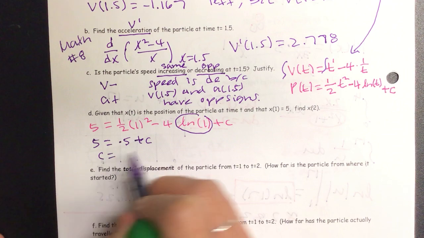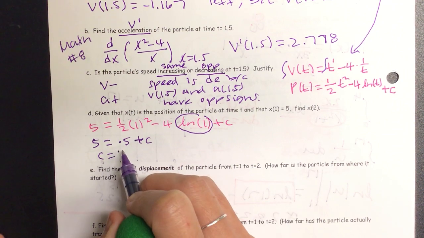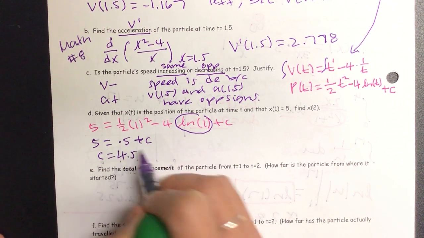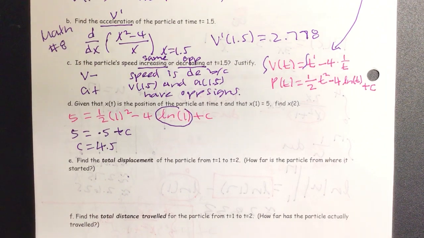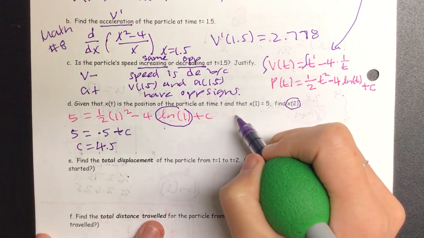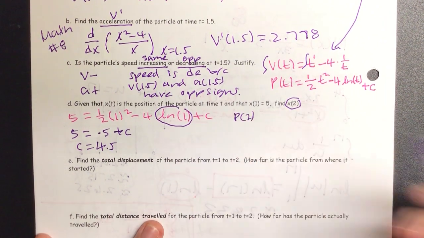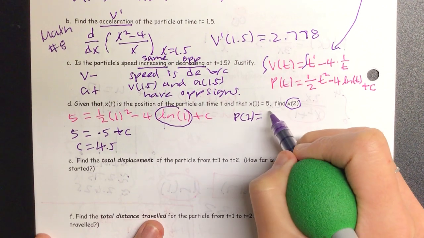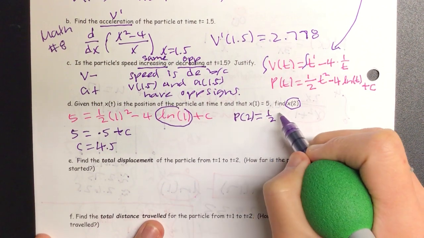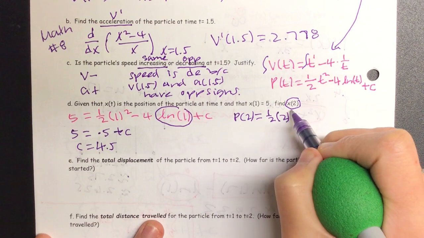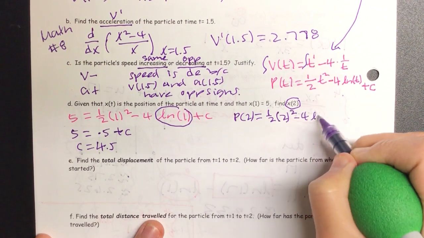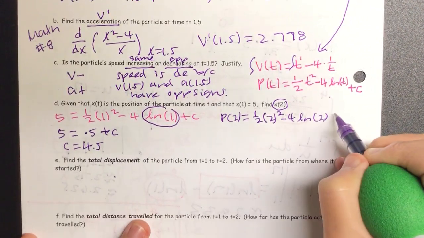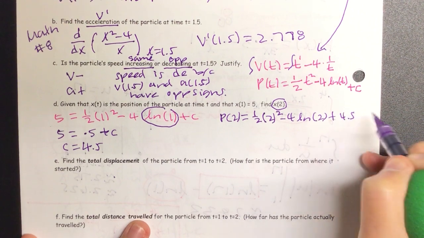So what is my c value? 4.5. So I can write x of 2, which is p of 2, equals 1 over 2 times 2 squared minus 4 natural log of 2, and since I found c, plug in 4.5.